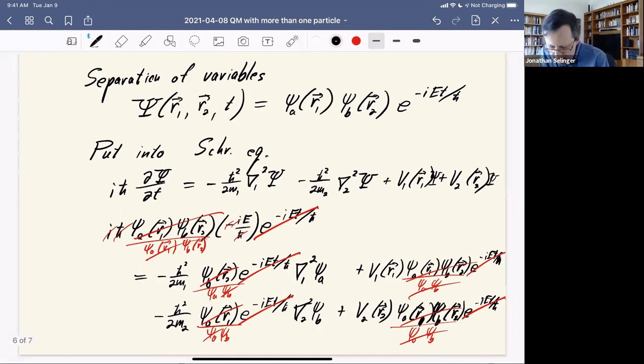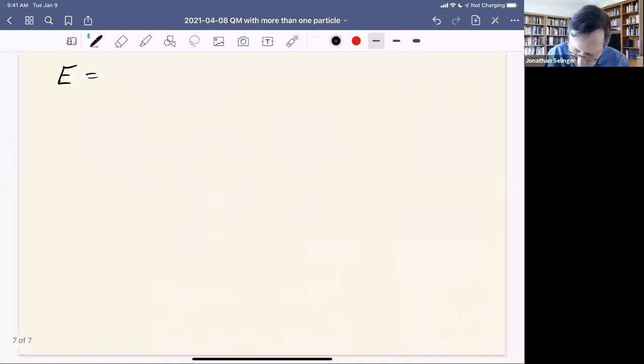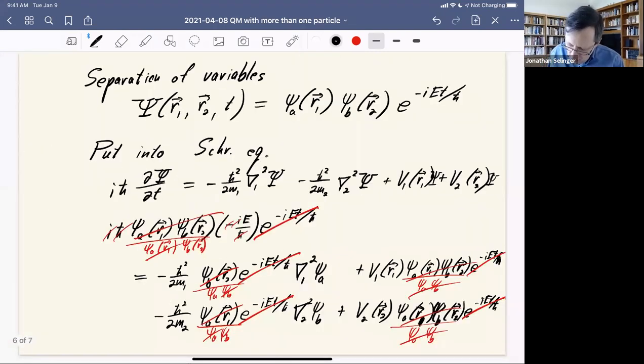On the right side, what's left? Okay, well, we have the minus h bar squared over 2 times the mass, and then 1 over psi A of R1 times the Laplacian with respect to R1 of psi A. Okay, that's all for this first term.